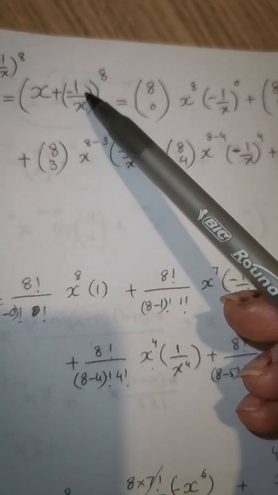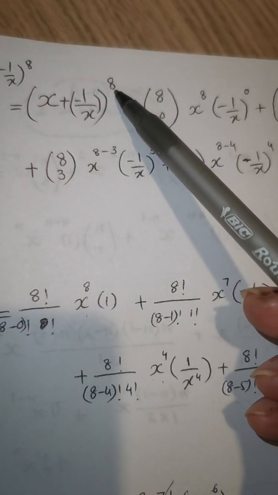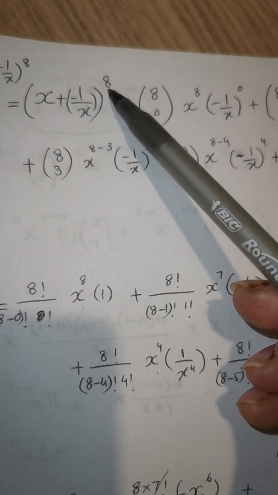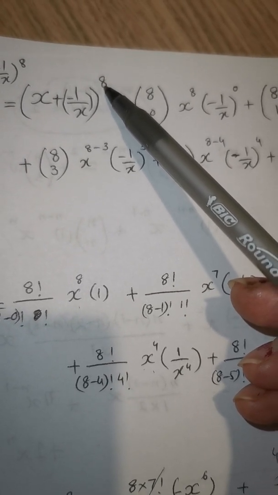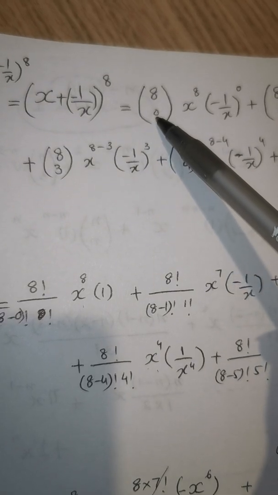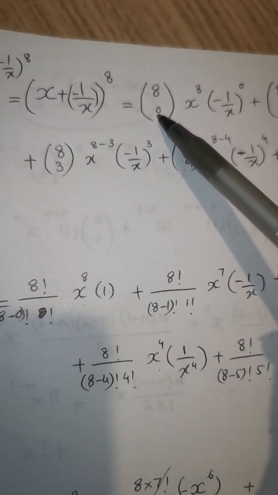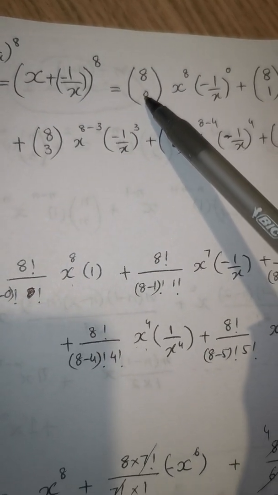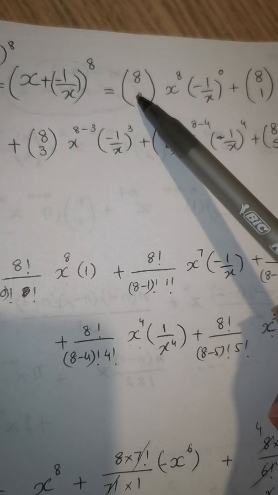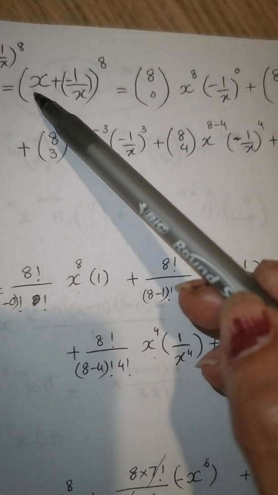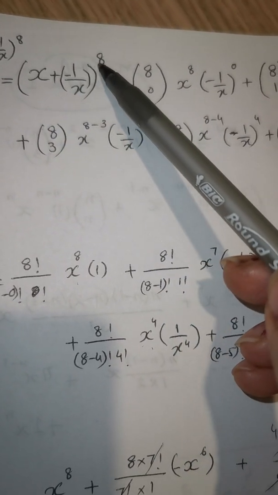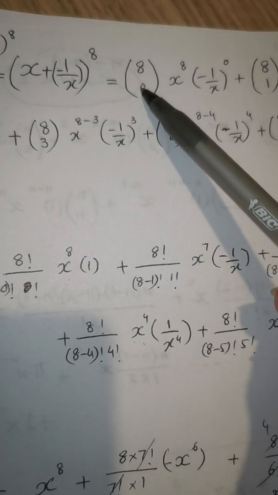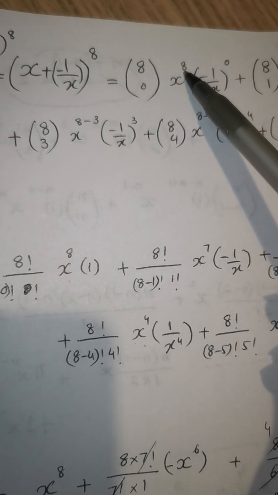Same procedure will apply here. We check what the power is. The power is 8 here. So I start from 8 for the first place, and for the second place we start from 0. The first term's power will be 8 minus 0, the difference of these, which gives 8.